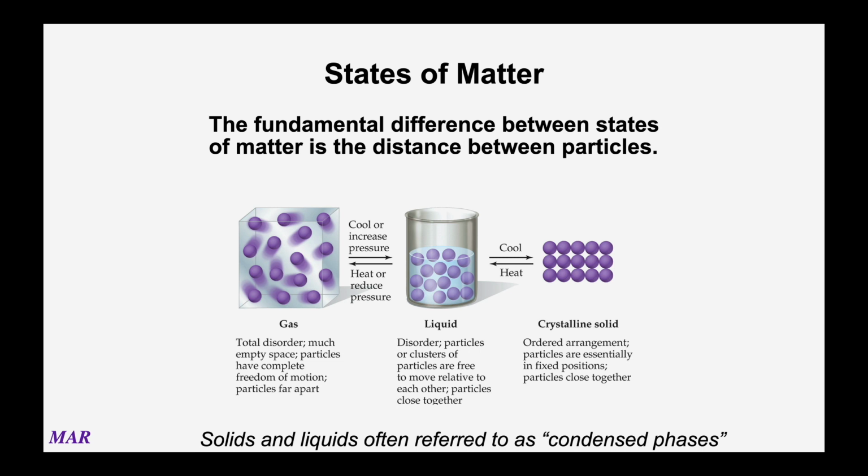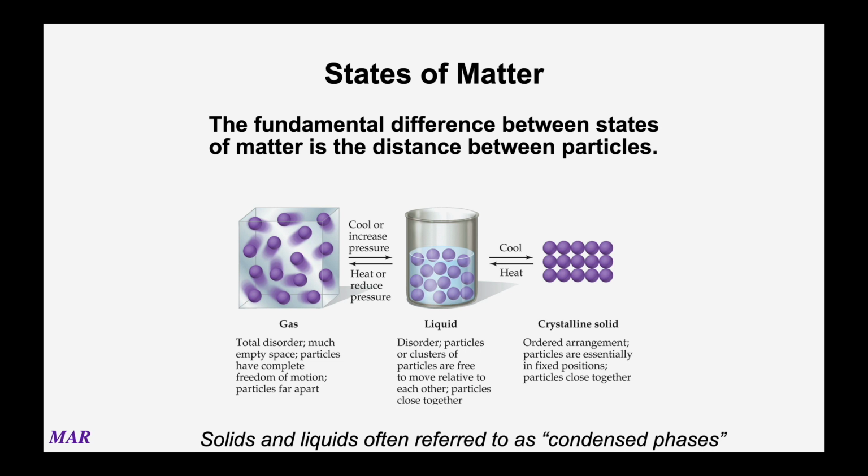Sometimes you hear the term condensed phases used for solids and liquids. If you remember, even since Chem 221, the density of solids usually goes up to about 20 grams per centimeter cubed, some of them a tiny bit more than that on the periodic table. For liquids, usually 1 gram per milliliter is the density of water, and sometimes you can get down to smaller densities for liquids.